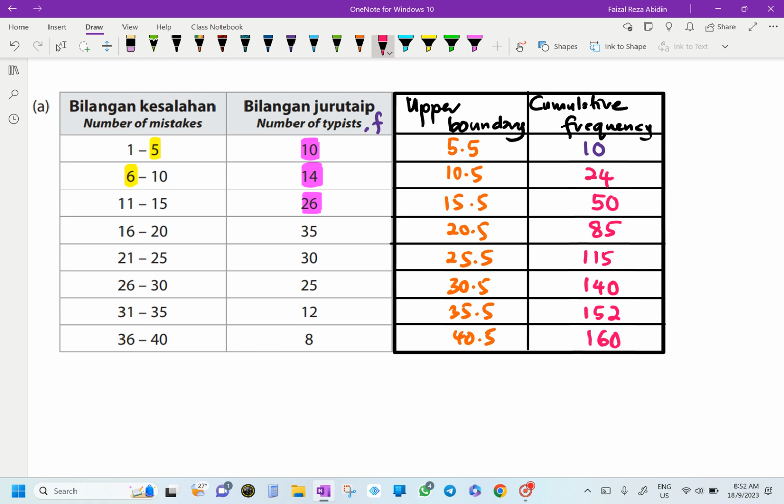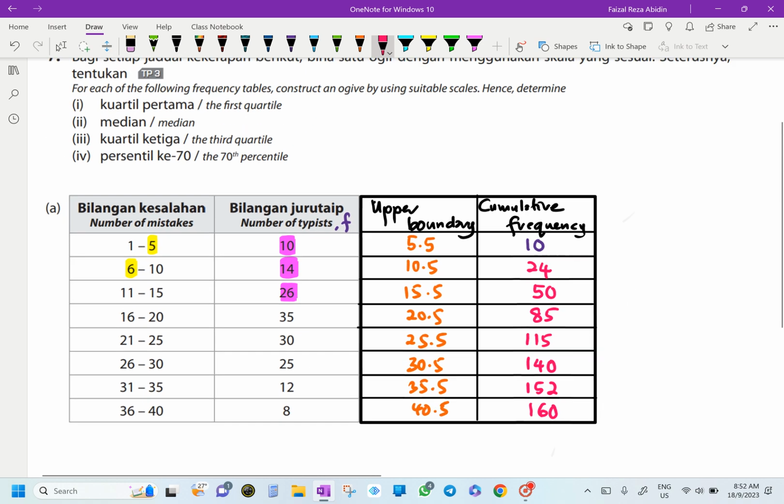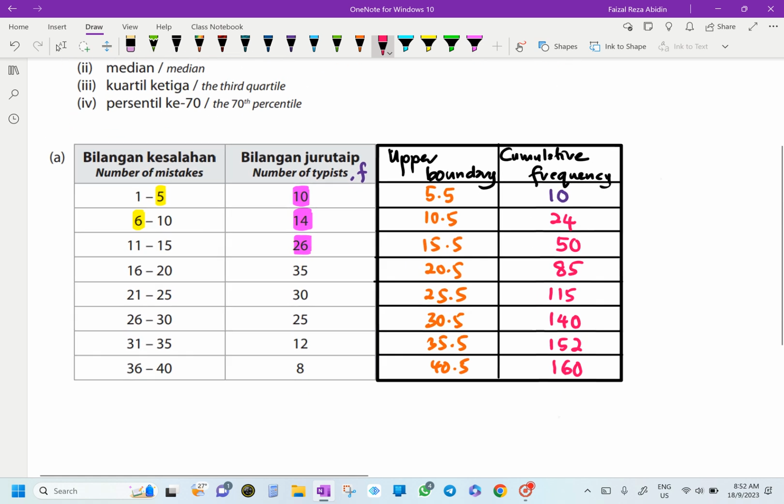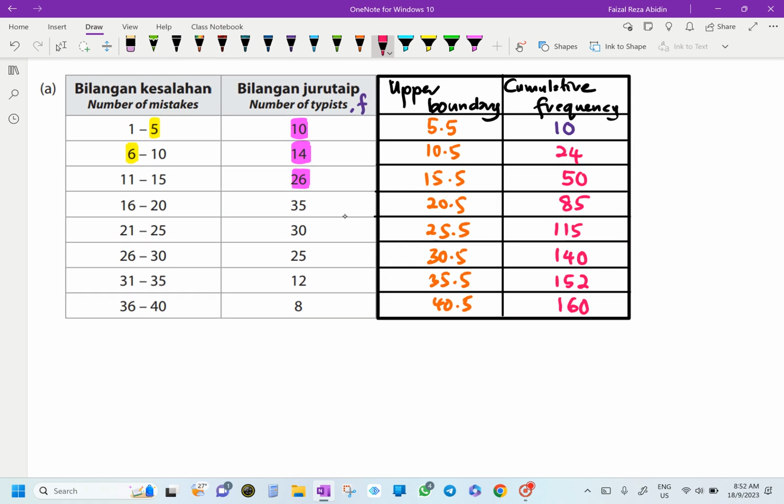Your last cumulative frequency, 160, is going to equal the sum of all our frequencies over here. You can check that it is the same. So upper boundary and cumulative frequency, done.